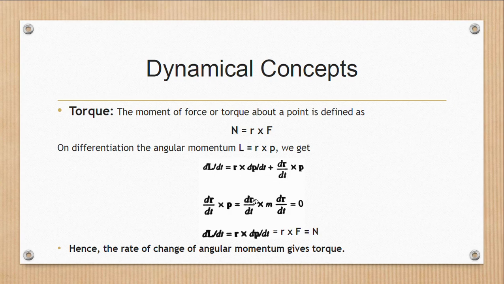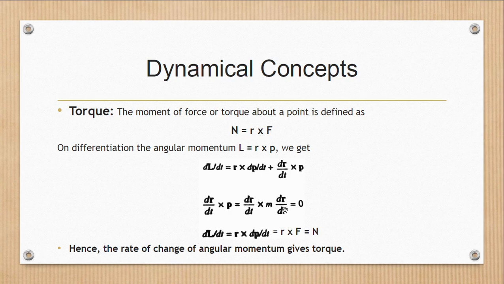Now for the second term, dr by dt cross p, p is the linear momentum. It can be written as mass into velocity, m into v. Again, the velocity vector can be written as the rate of change of the radius vector, that is dr by dt.